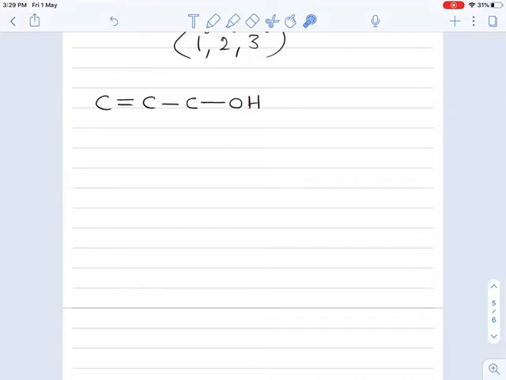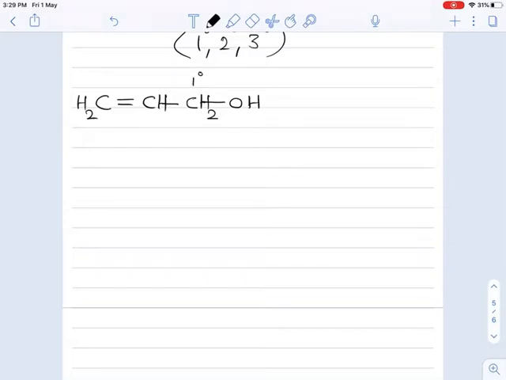So this carbon is called an allylic carbon. Now if we complete the valency of each carbon by hydrogen, we get its structural formula. So CH2 double bond CH, CH2OH. So which type of alcohol is it?